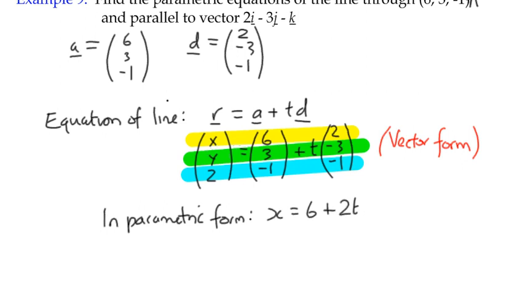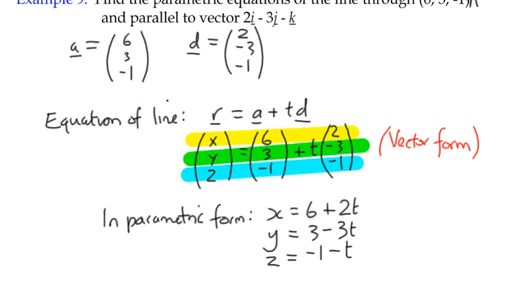Note that I've changed the t and the 2 around just for normal convention. y equals 3 minus 3t, and z equals negative 1 minus t. And that's the equation of the line in parametric form, where I've got 3 different equations.